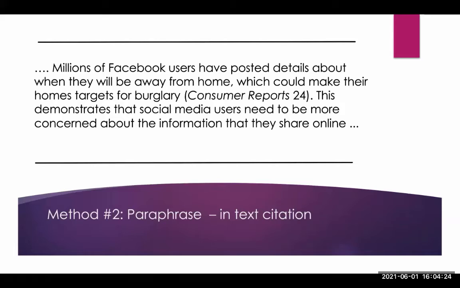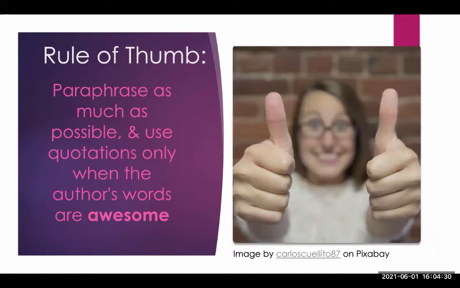So my personal rule of thumb for paraphrasing and direct quotations is paraphrase as much as possible, but use quotations only when the author's words are awesome. So make sure you use paraphrase as much as you possibly can, because I feel like it's a much more powerful tool in your toolbox to distill down the ideas from your sources and actually think about, what is the main thing here that I want to talk about?